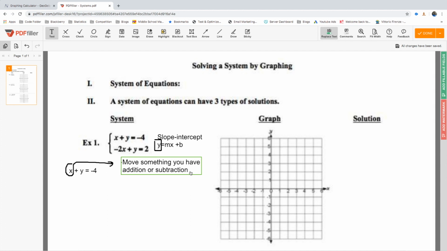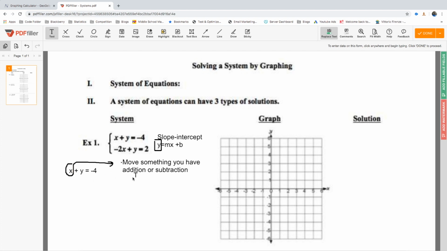Keep that in mind. So whenever you're looking at an equation, you're asking yourself one of two questions. Am I moving this, or am I getting rid of this? If you're moving this, then you have to use addition or subtraction. If you're getting rid of it, which we'll get a chance to see in a couple of other examples, then you have to use either multiplication or division.